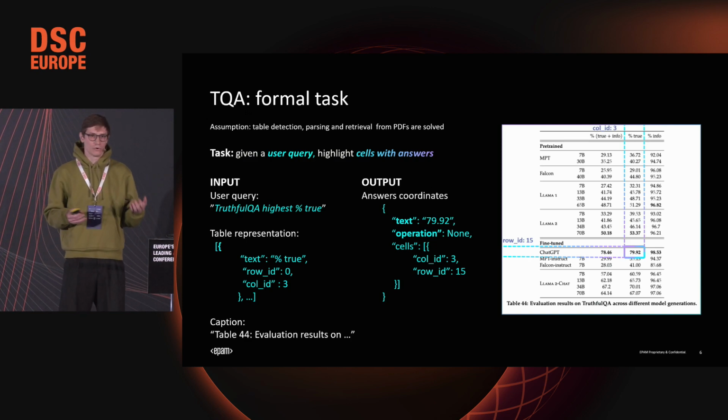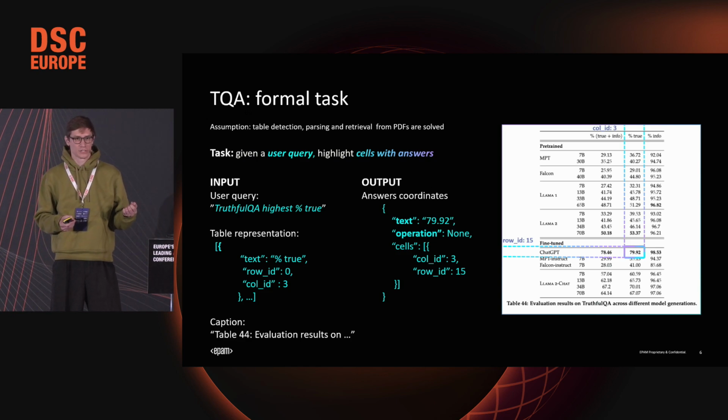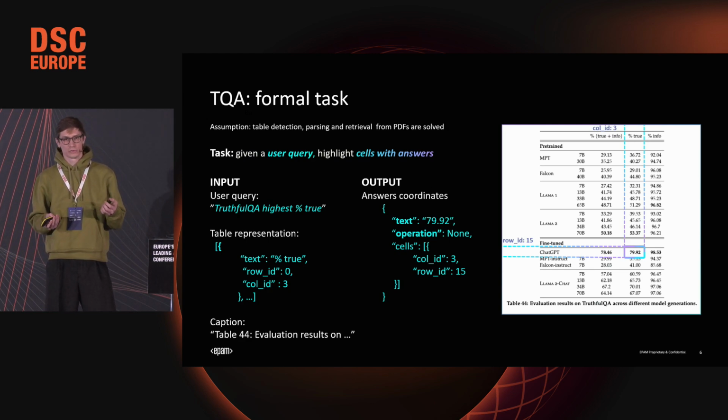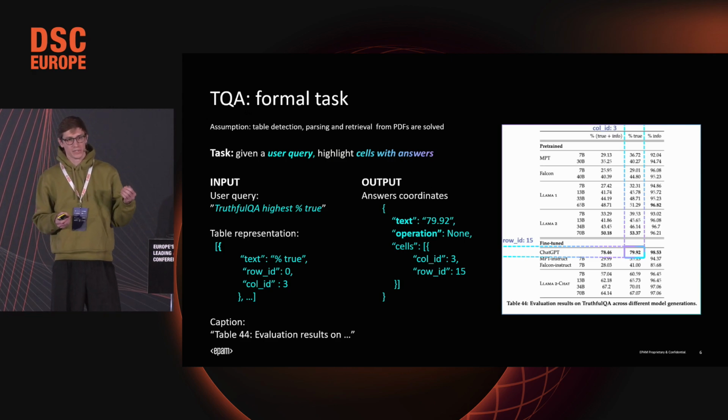Even more formally, as our input, we can expect a structured representation of a table, like JSON here, with texts of cells and their coordinates in the table. And as an output, we expect to have, again, the text of our answer, along with coordinates of that answer in our table, and along with some operations over those cells.